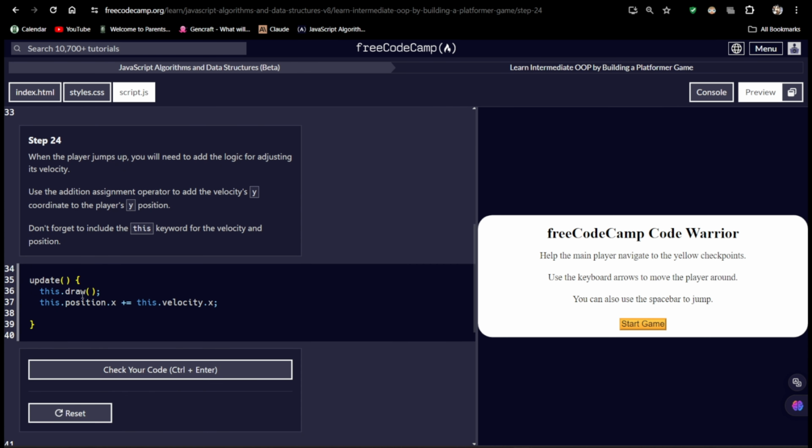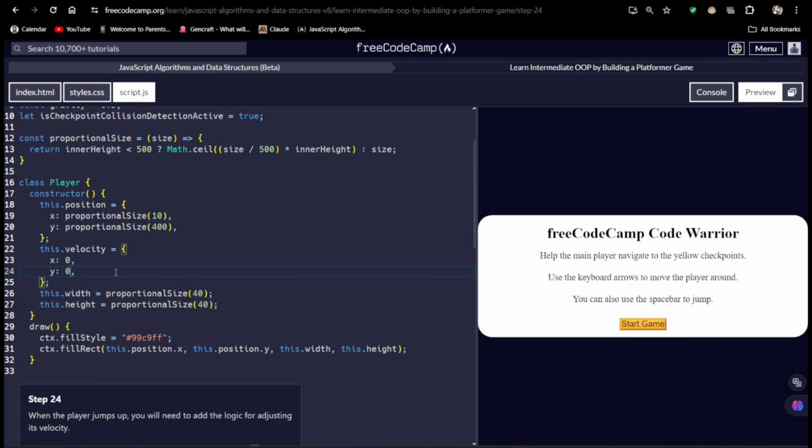We have to add that velocity y to our position object, accessing the y, which is the proportional size of base value 400. So we are adding this one to this one.